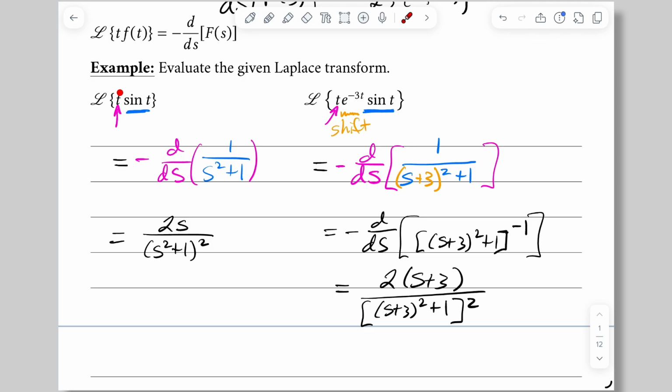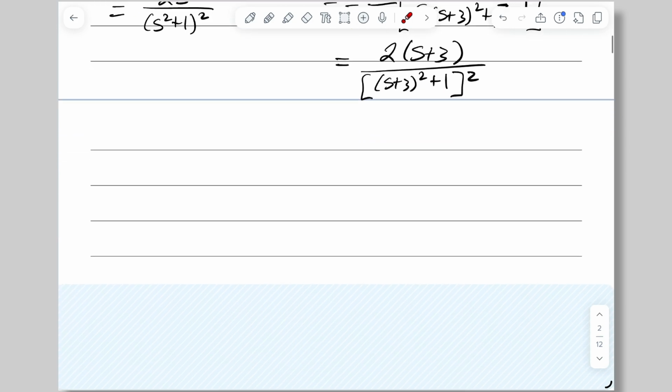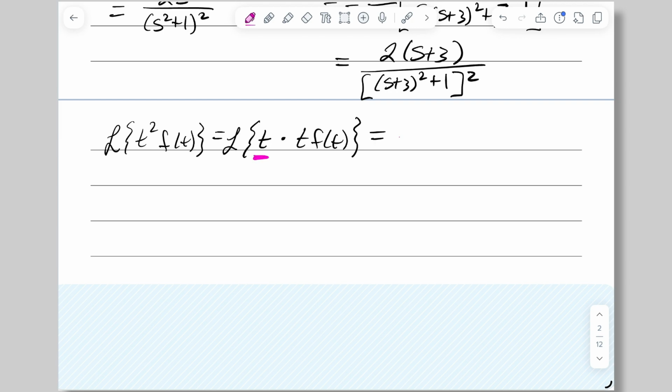Now, what if t appeared with a power that was bigger than 1? Let's look at the Laplace transform of t squared times f of t. It's the Laplace transform of t times t f of t. That first t is telling us to find the negative derivative with respect to s of the Laplace transform of t times f of t.